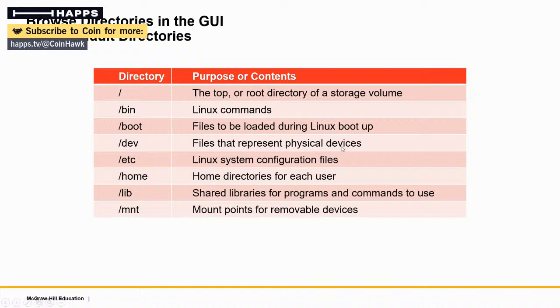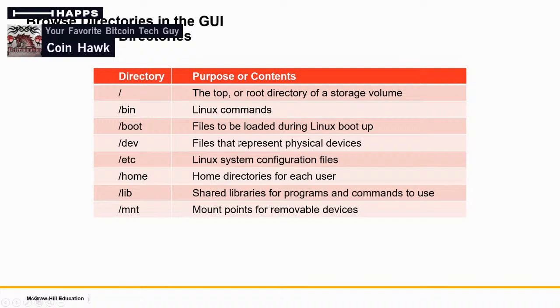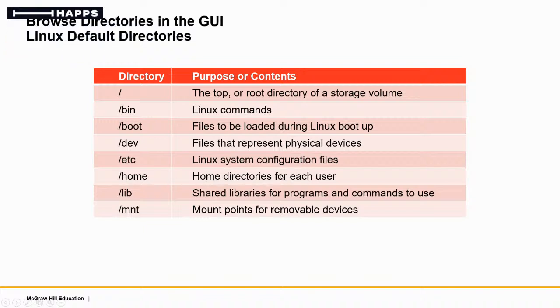Dev is for the physical devices that are connected, USB or some kind of memory card that you plug in, or anything along those lines. etc holds configuration files, and home holds the home directories for all the users. Where on a Windows system you'll have C:\Users, here you'll have just the / and then home, and below home are all your users, right?